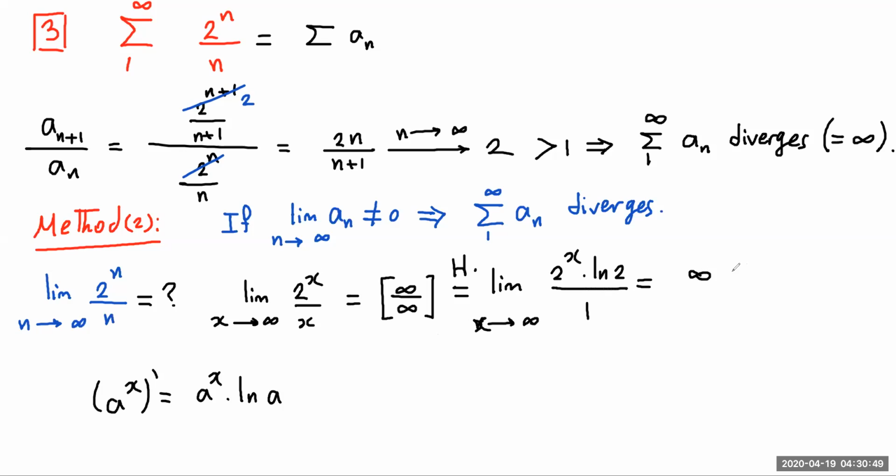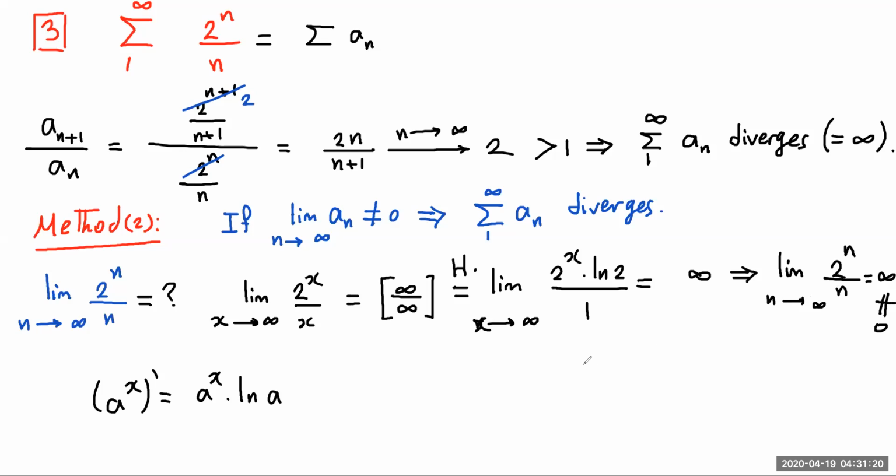Because the limit for x is infinity, so also the limit for n is infinity. The limit of 2 power n over n is infinity when n goes to infinity. So because this limit is not equal to 0, the limit of an is infinity. So this infinity is not equal to 0.